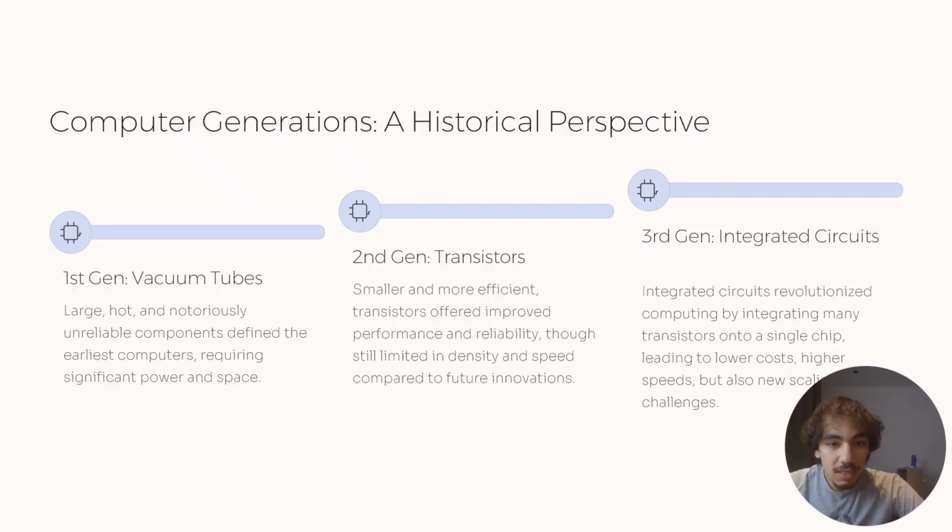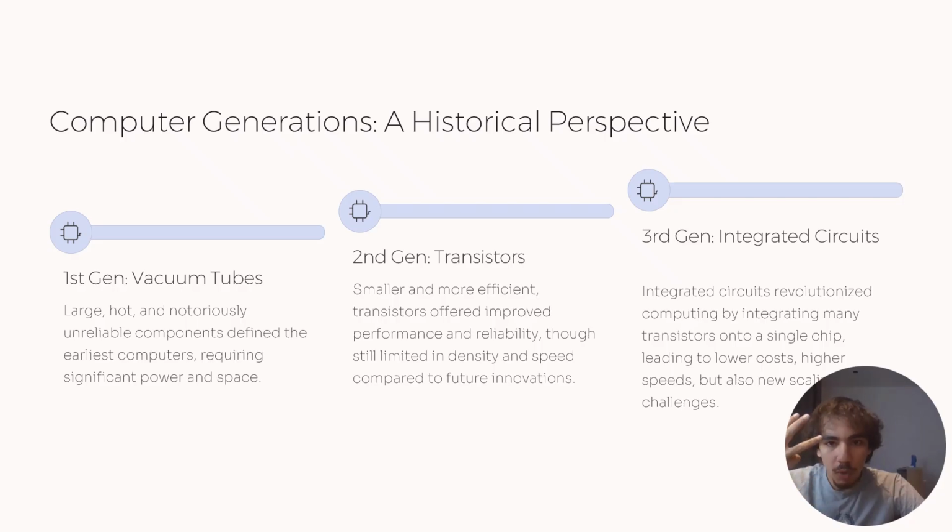So when it comes to the history of the computer generations, historically, the first generation of computers used vacuum tubes, which we talked about. They were large, consumed enormous power, and generated heat, which made systems unreliable. The second generation shifted to transistors, which were smaller and more efficient, but still limited in density and speed.